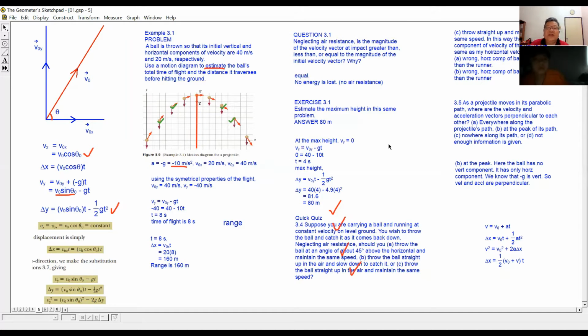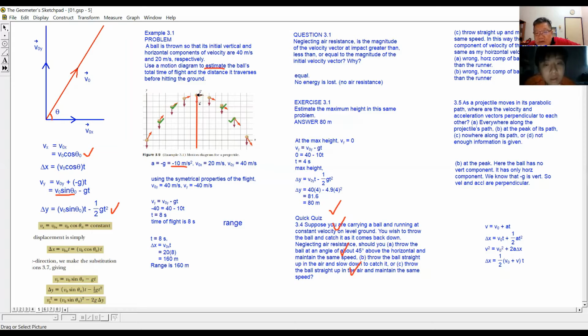So how much is the vertical component? We know that at the maximum height, the vertical component of the velocity is 0. So I use the velocity equation. Final velocity is the initial velocity minus gt.